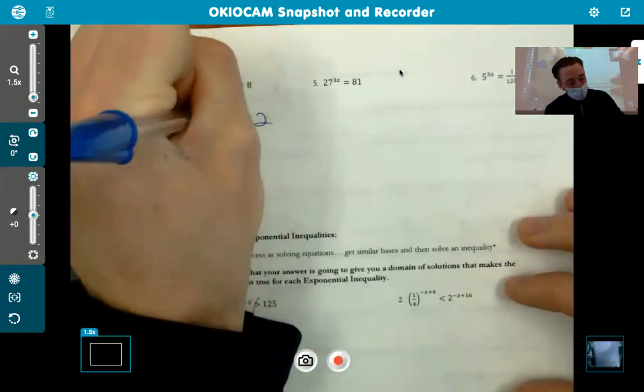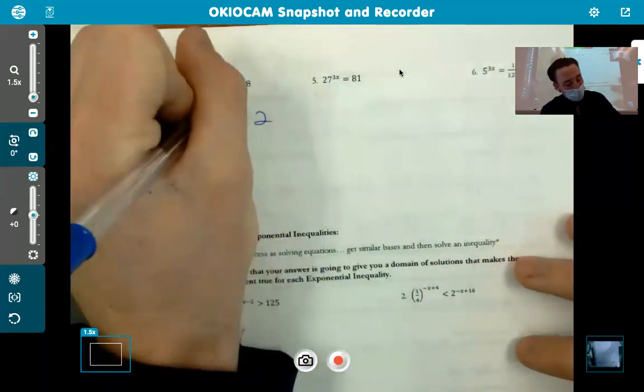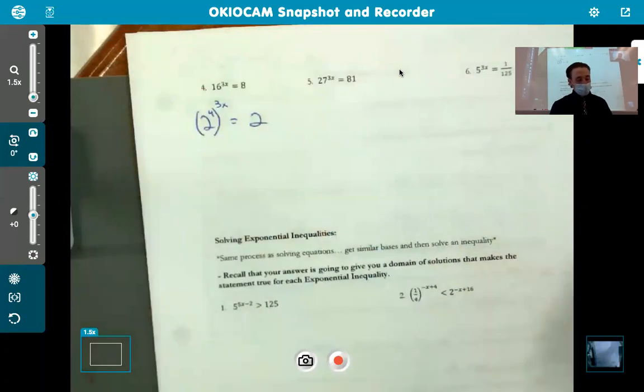But what else is on that side as an exponent? 3x, good. So I'm just rewriting the bases. What about on the right-hand side of that equation? 2 to what power is going to give me 8? 3.